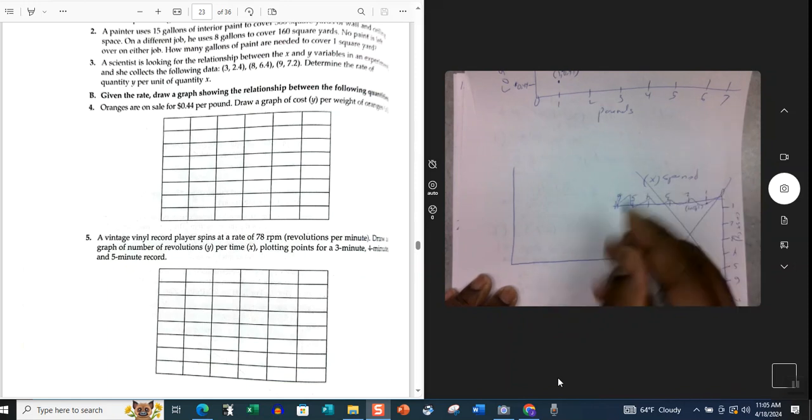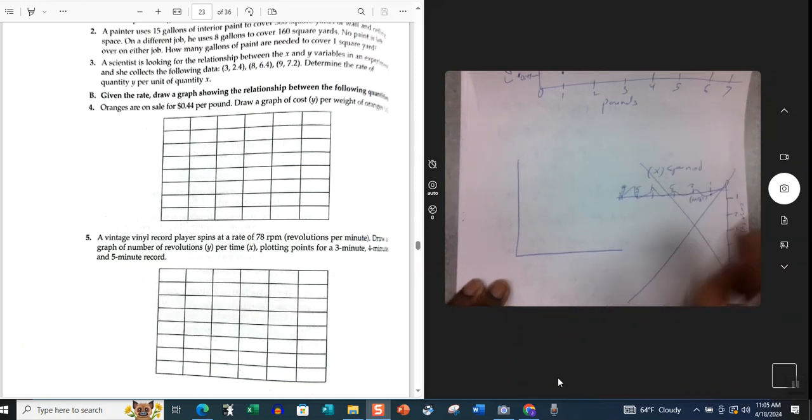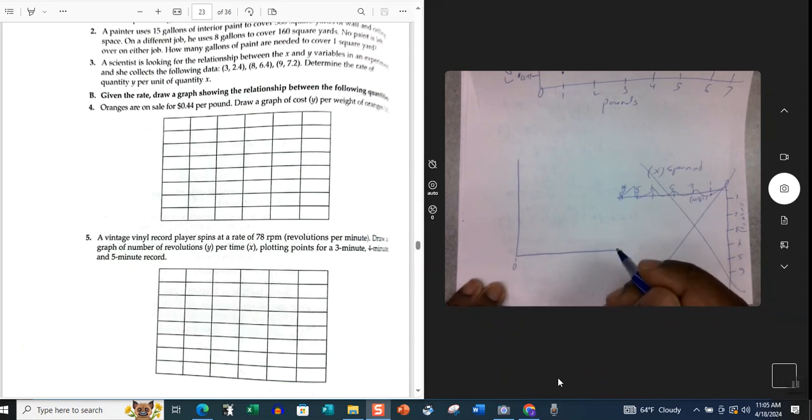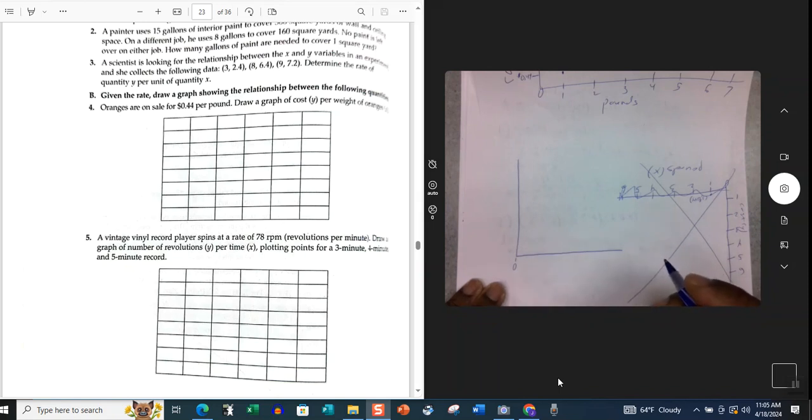Okay, if you look here for this graph, first of all, we know we have 0. Now you have 3, 4, and 5. So it's for plotting points for 3, 4, and 5 minutes. So we'll go 1, 2, 3, 4, 5. Okay, so we have our minutes. So this is our time.